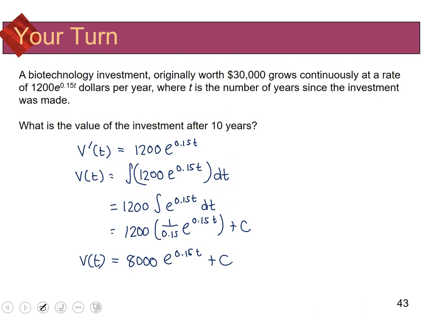But all we know from the information we were given is that V of 0, which equals 8,000e to the 0.15 times 0 plus c, should be 30,000.